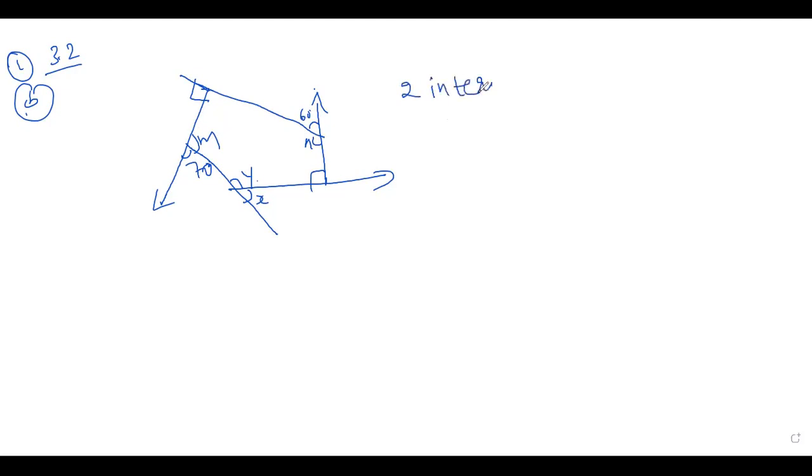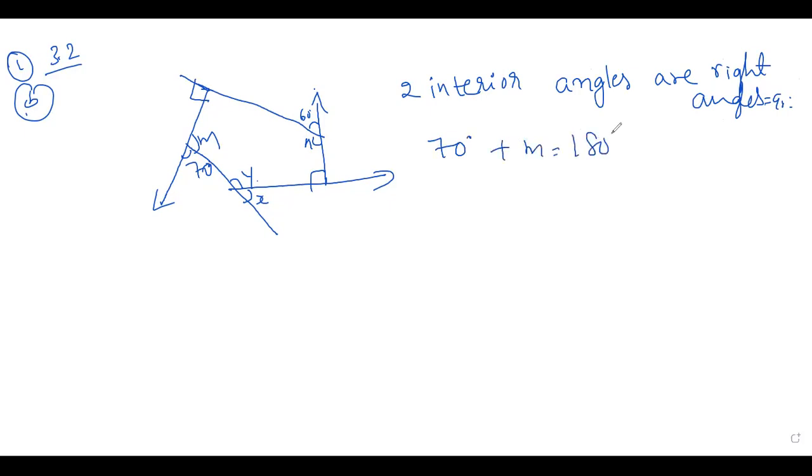Two interior angles are right angles. So it is equal to 90 degree, right? Then here children, I will write 70 degree plus m, that is equal to 180. So linear pair of angles, 180 minus 70 is equal to 110 degree. So m is equal to 110.